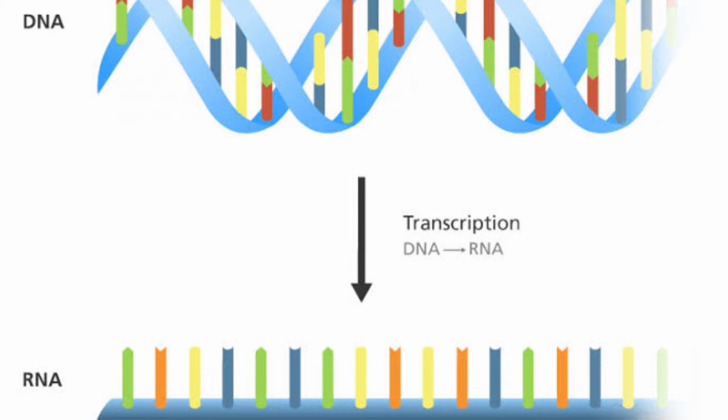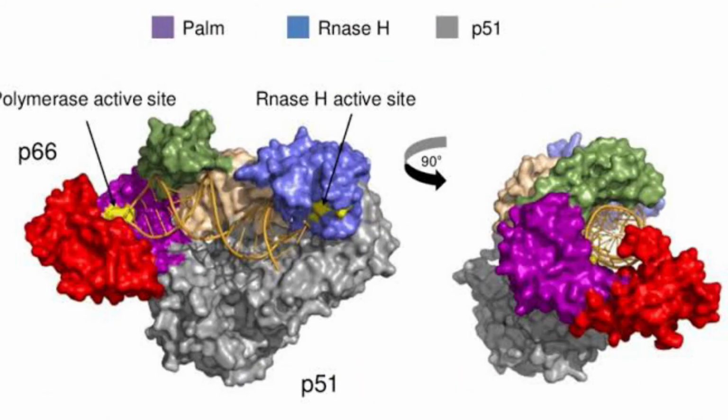Retroviral reverse transcriptase has three sequential biochemical activities. The first is RNA-dependent DNA polymerase activity. The second is ribonuclease H, that's RNase H. And the third is what? DNA-dependent DNA polymerase activity. Collectively, these activities enable the enzyme to convert single-stranded RNA into double-stranded cDNA.